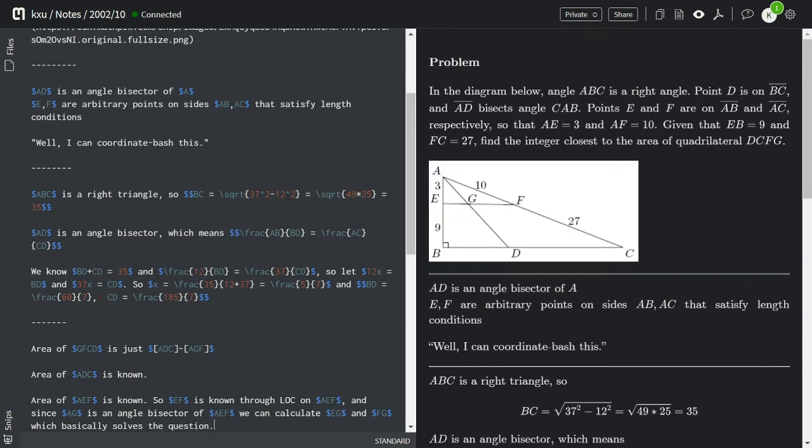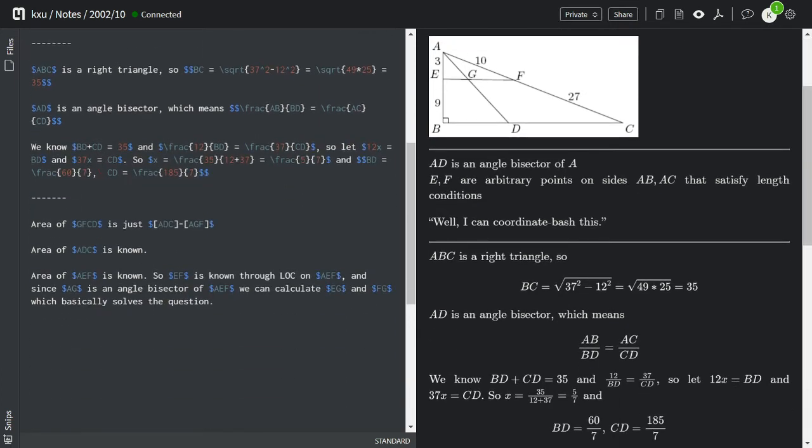Because then we get AGF pretty easily, because of the other formula.